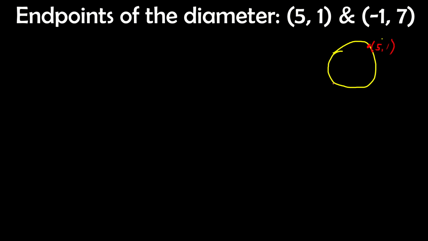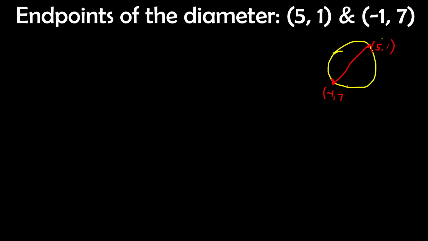Then, andito si negative 1, 7. Yung linya na, pag pinagdugtong natin yan, di ba sabi siya ay si diameter. Sabihin, siya yung pinaka nasa gitna ng circle.